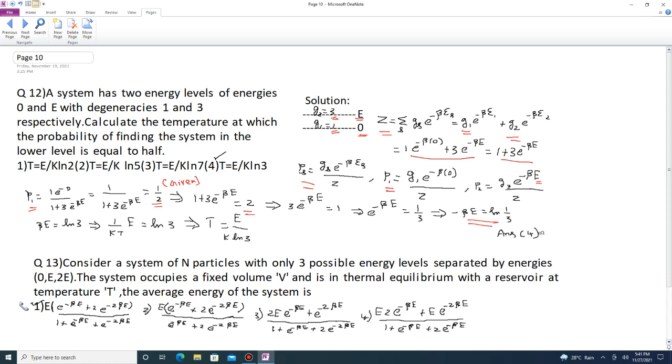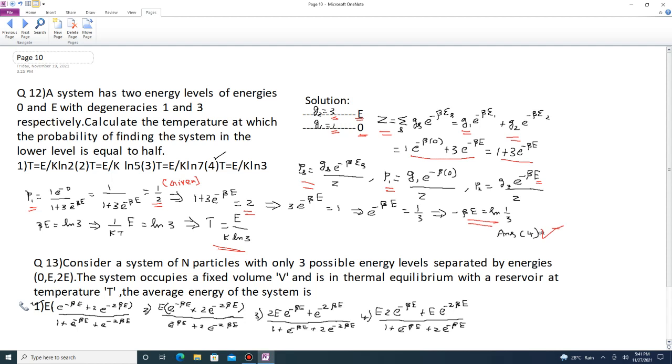Here beta is 1 by kT, so 1 by kT into E is equal to logarithm of 3. You simplify, T is equal to E divided by k logarithm of 3. So option 4 is the correct answer.